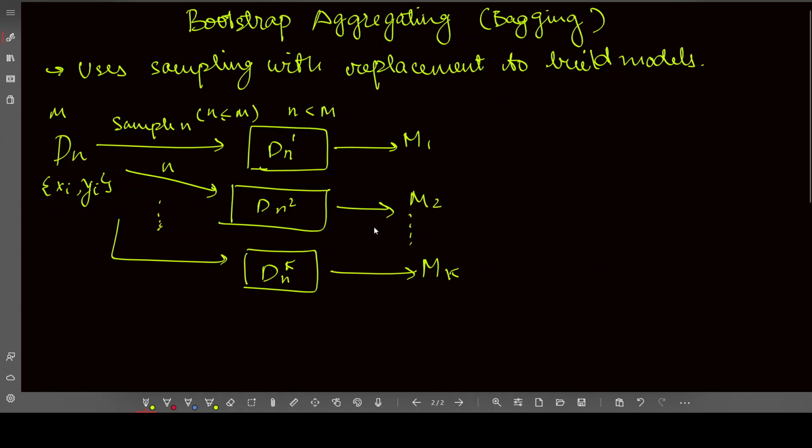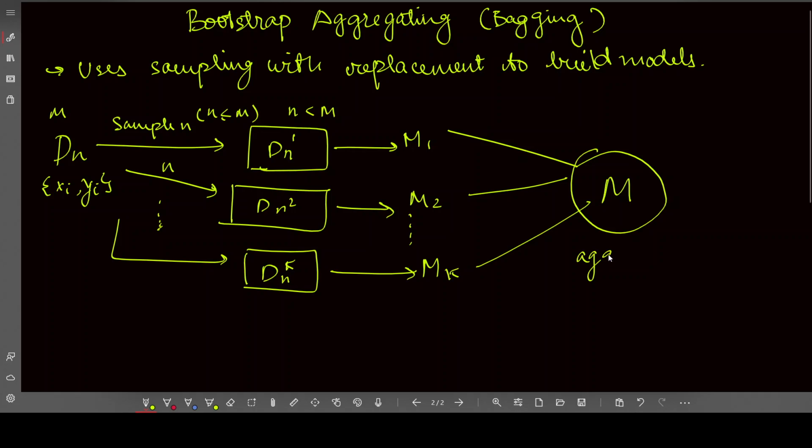One of the most popular models of bagging is called a random forest, which I'll discuss in detail in the next video. Once I have all of these models, I'm going to combine the results from all of them to make a bigger model. Combining the results of all these small base models to form a bigger model is called aggregating.